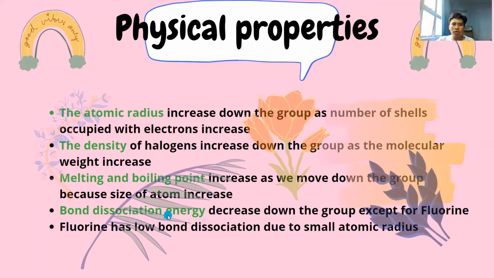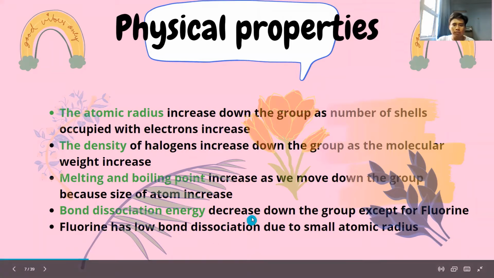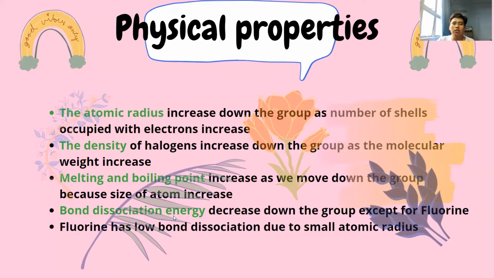The last one is bond dissociation energy. Bond dissociation energy is the energy needed to release the valence electron from the element. The bond dissociation energy decreases down the group because of the distance between the nucleus and the valence electron.